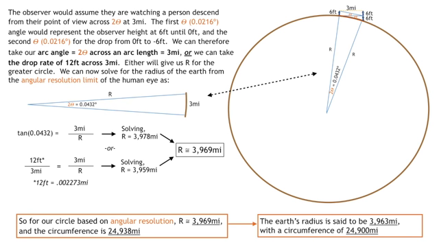The first theta, 0.0216 degrees, would represent the observer height at 6 feet until reaching 0 feet, and the second theta for the drop from 0 feet to minus 6 feet. So we can therefore take our arc angle of 2 theta across an arc length of 3 miles, or we can take the drop rate of 12 feet across 3 miles. Either will give us r for the greater circle.